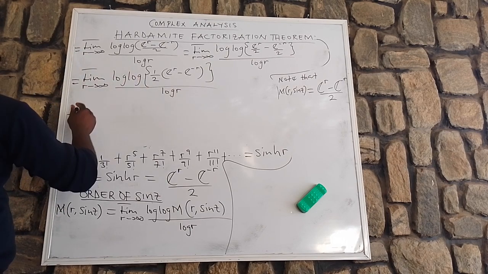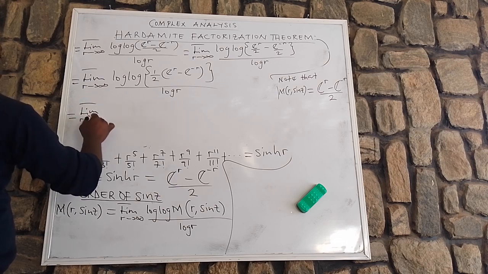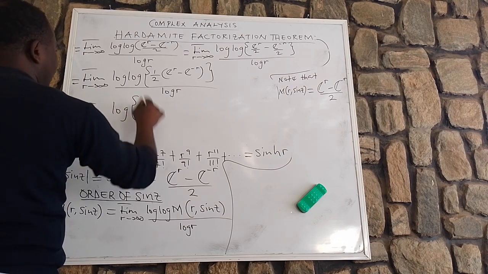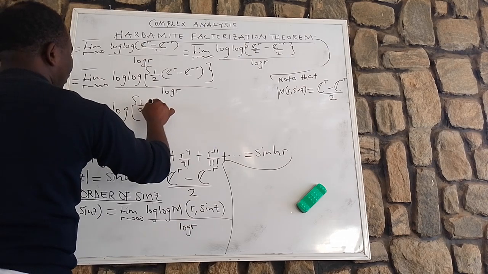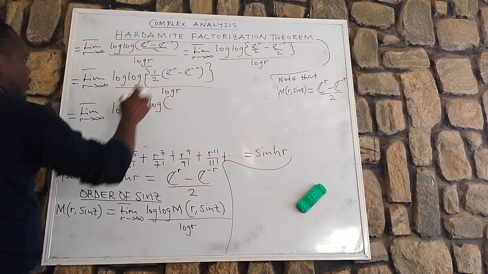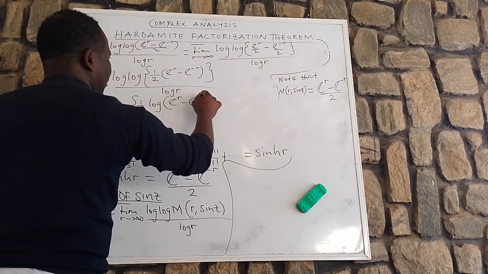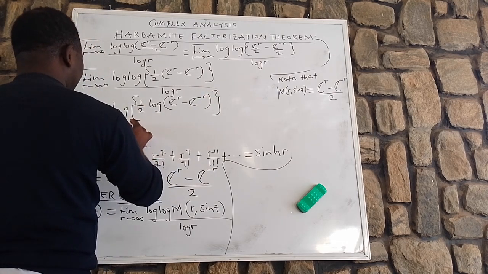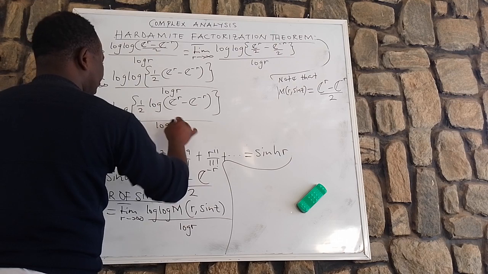We'll make use of the upper limit as R tends to infinity of log. We can rewrite this: the log comes inside, so we have the log of one over two times (e^R minus e^(-R)), all over log R.